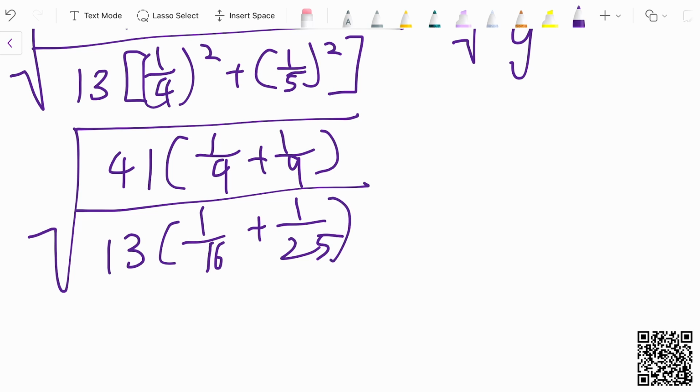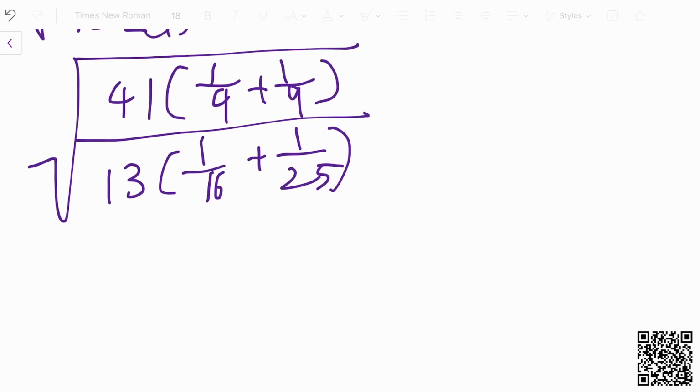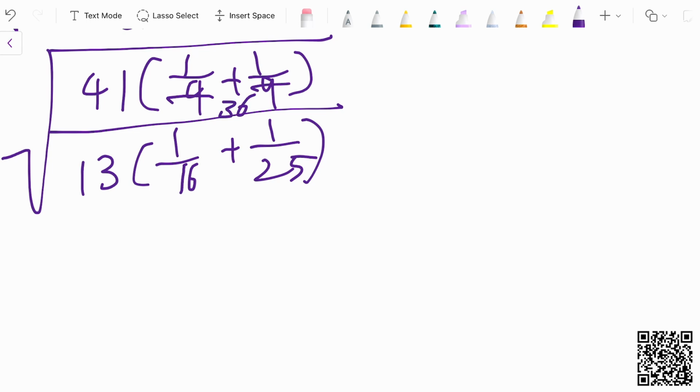And you know that this side is literally just the square root of x over y now. So we know what our sum is, what our product will be, so we just continue in that direction. Now we just start solving, make the denominator the same, yada, yada, yada. So 36, top would be 13, bottom 400, the top 41.